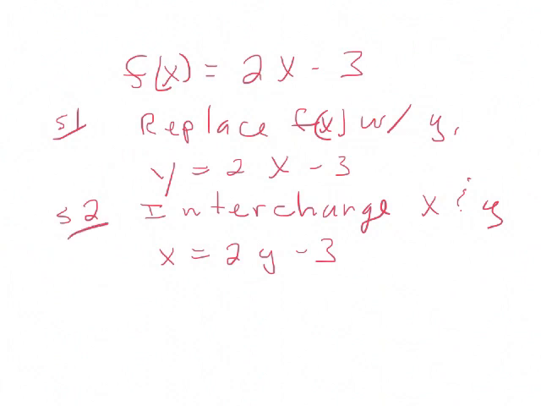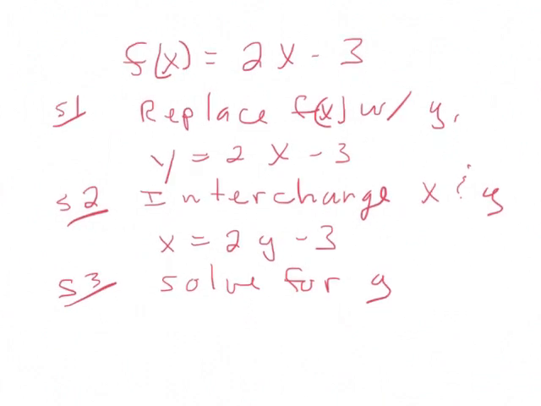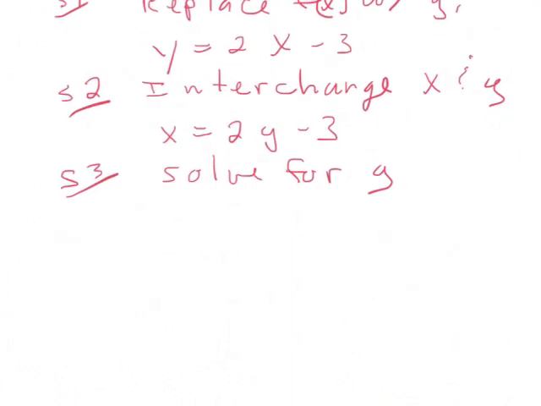All right, step 3. Now I'm going to solve for y. Okay, so let's go ahead and do that. When I solve for y, I have x equals 2y minus 3. I'm solving here, so I'm going to add 3 to both sides.